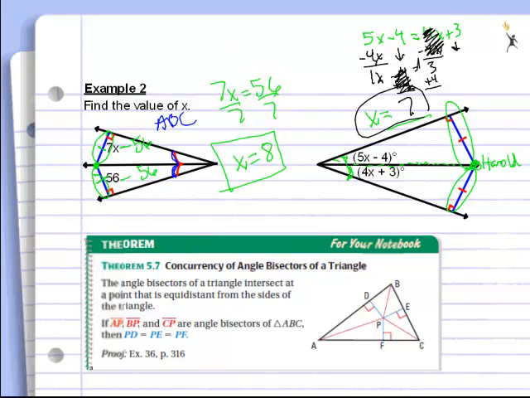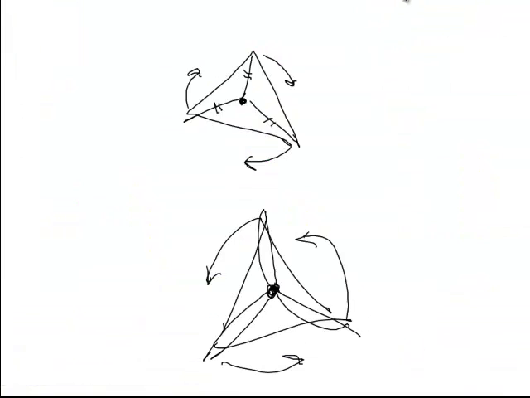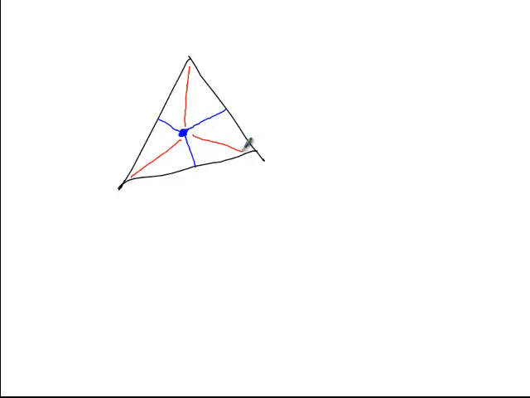Let's talk about the concurrency of the angle bisectors. Last section we talked about the concurrency of the perpendicular bisectors. And we found out that if you have a triangle and you draw 3 perpendicular bisectors, okay, not too bad, then that point is equidistant from the 3 vertices.